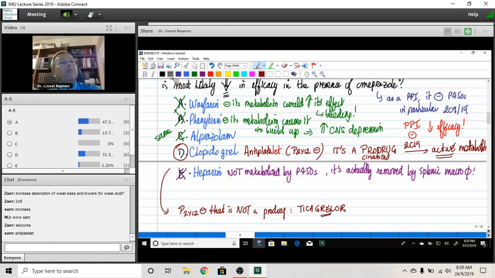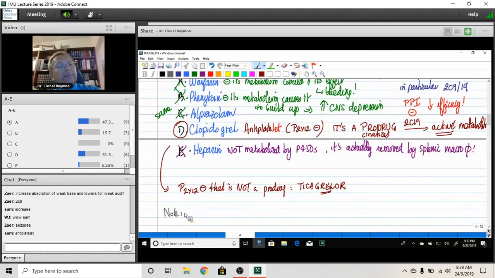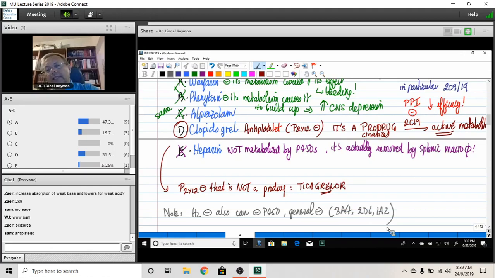Well, I have one note to give you here, is that H2 blockers also can inhibit P450. General inhibition, so 3A4, 2D6, 1A2 as the main P450, but it's only which H2 blocker?